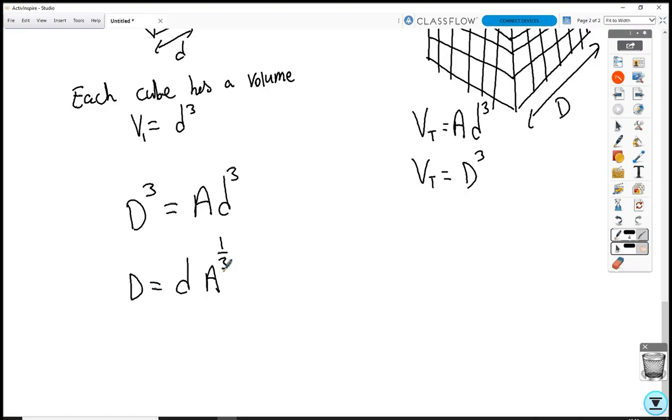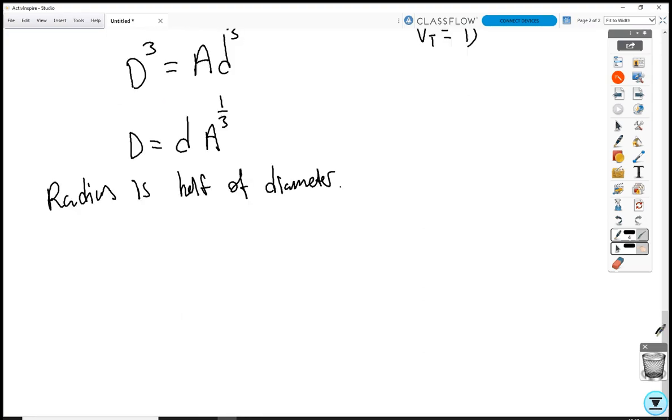And then we know that radius is half of diameter. So if we divide both sides by 2, we get the total radius of the nucleus. So R, with R naught the radius for one nucleon, equals R0 times A to the 1/3.